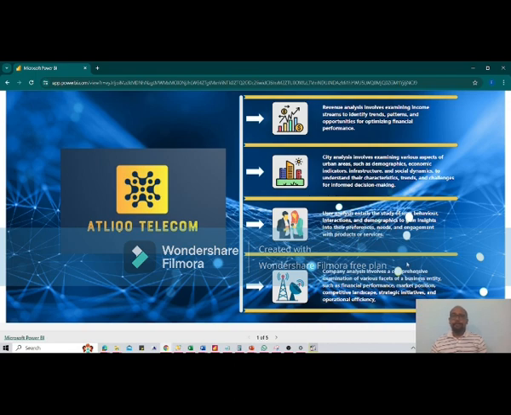And the problem that they are facing currently is that after the launch of 5G, the management has come across a decline in active users and also a decline in revenue. So the business director of AtliqO Telecom has requested the analytics team to build a comprehensive report where they can compare pre and post launch of 5G, so they can get a clear picture of the key metrics that are hampered after the launch of 5G plans.